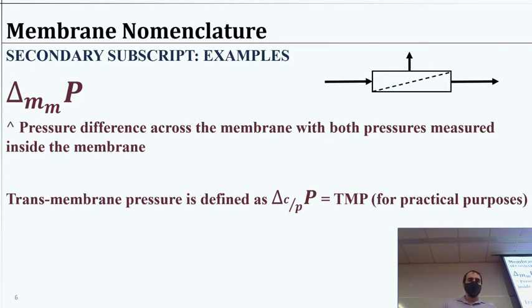Okay, so just a couple more examples. If we had delta P sub M for the pressure, that would be the pressure difference across the membrane with both pressures measured inside the membrane. I'm going to draw a larger membrane here.